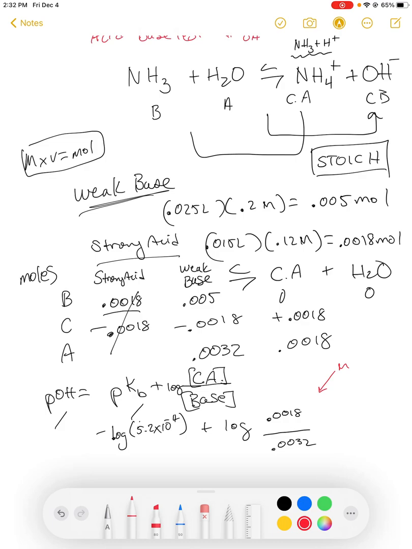So you have to think back to the fact that you've got a total now of 40 milliliters, or 0.04 liters.